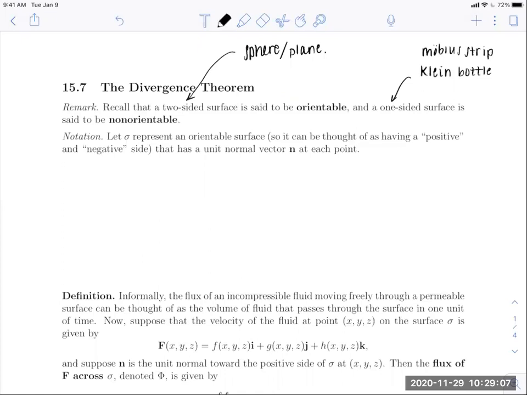So we have notation. Let sigma represent an orientable surface, so it can be thought of as having a positive and a negative side that has a unit normal vector, n, at each point. All right, so let's just draw a quick schematic diagram here. I'm going to draw an upward normal, give it a name n. And I'm going to let this be a normal vector on a piece of a plane.